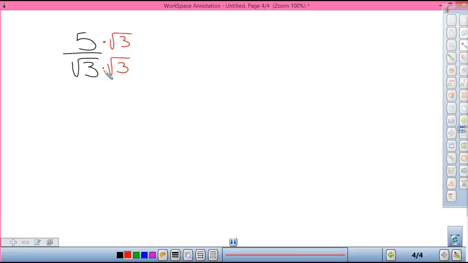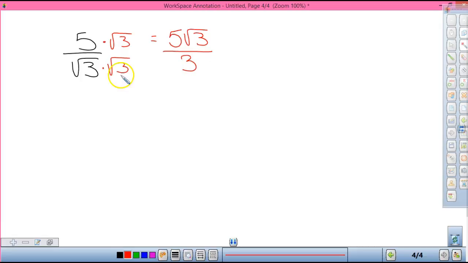So on top, it's not the square root of 5, it's just 5. So 5 times the square root of 3. What's the square root of 3 times the square root of 3?